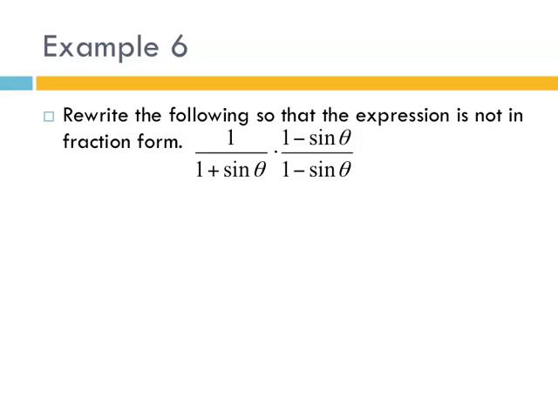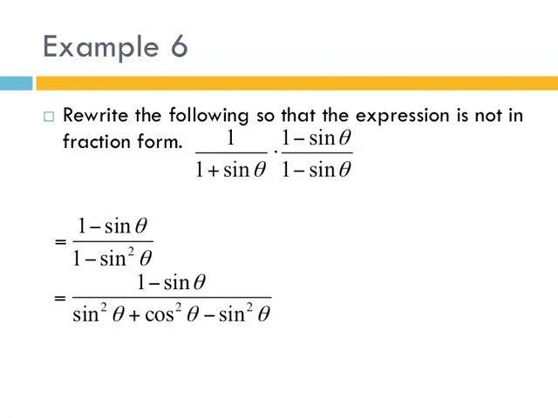So let's go ahead and try that. So here we have 1 minus sine theta over 1 minus sine squared theta. Let's deal with that denominator, try to simplify it as much as we can. So we have sine squared plus cosine squared minus sine squared in the denominator. The sine squareds cancel. That leaves us with 1 minus sine theta over cosine squared.